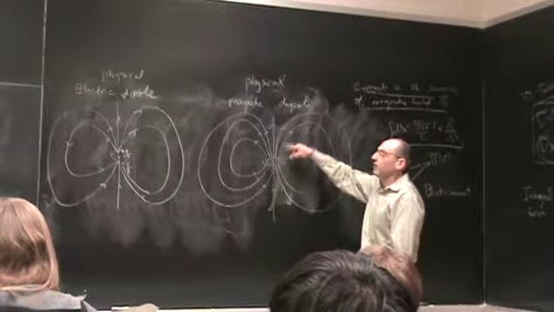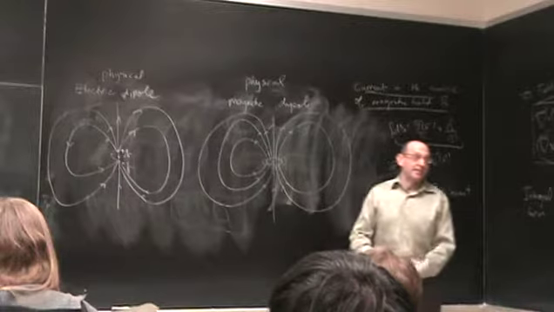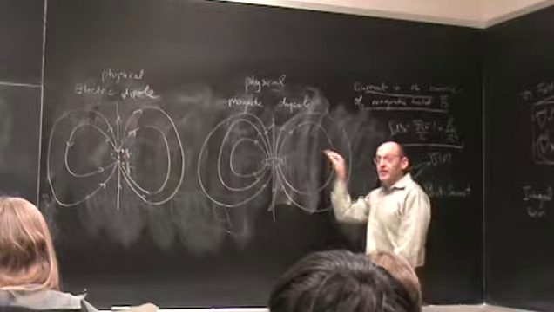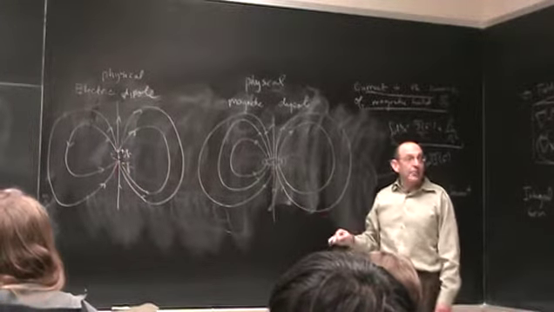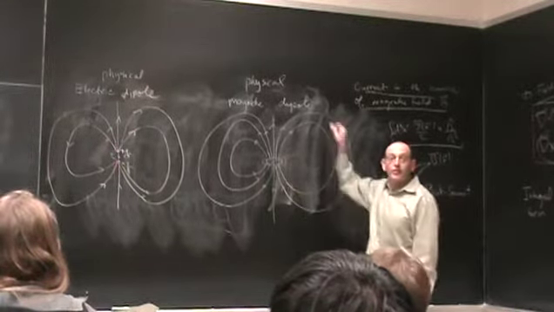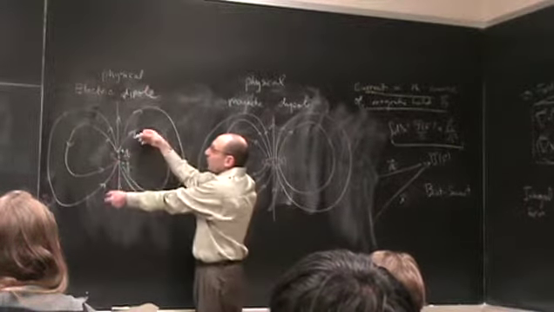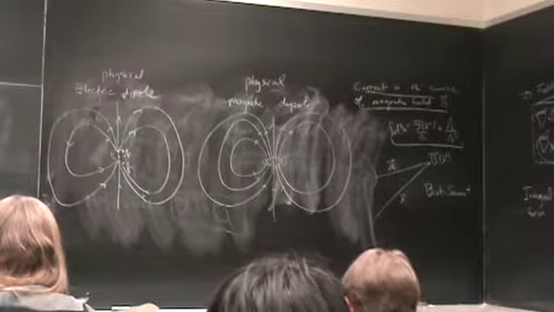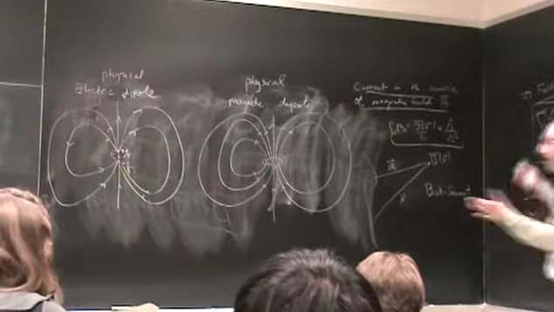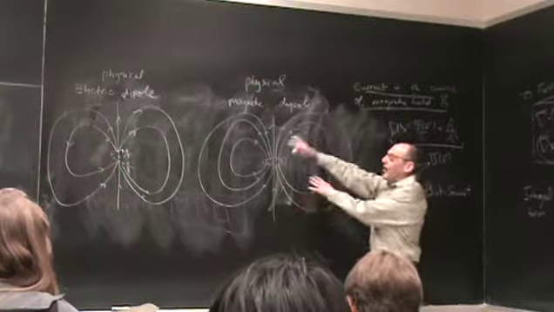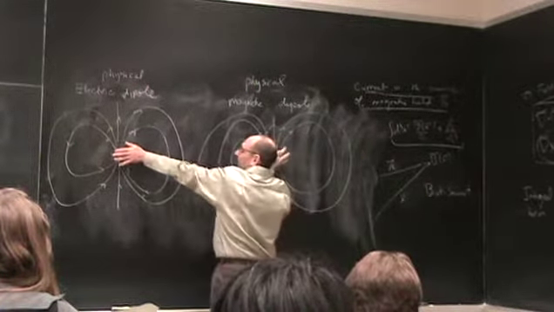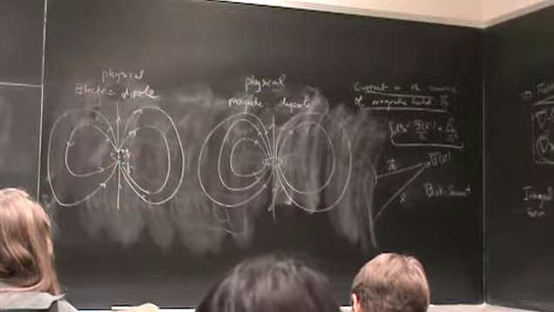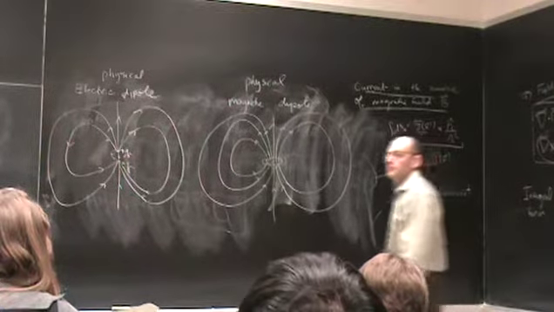For example, this field never has a divergence because del dot B is always 0. So all the field lines never originate or terminate anywhere. They must always be closed field lines, whereas the electric fields emerge and converge on point charges. If there were magnetic monopoles, we would converge and diverge from magnetic monopoles. But far away from this, the fields are the same. They're both dominantly dipole fields, and they have exactly the same form. Is that clear?